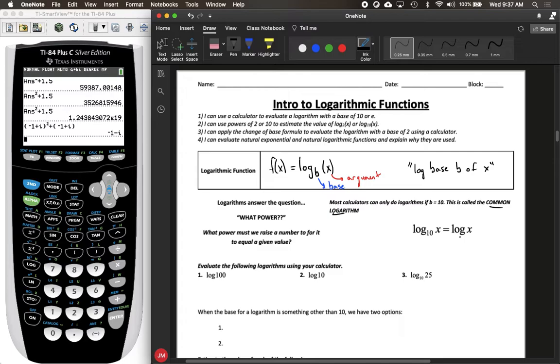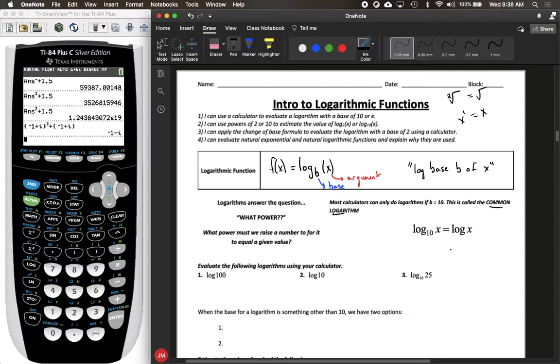So notice that log base 10 can also be written as log of x. It'd be similar to saying that if you're taking a square root, we really don't need the index of 2 right here. We can just draw our square root symbol. Or, if we have x to the first power, we can just write that as x. Same idea here. If we have log base 10 of x, we can just write that as log of x.